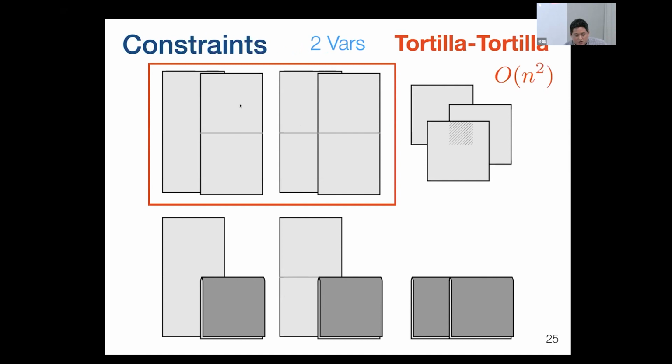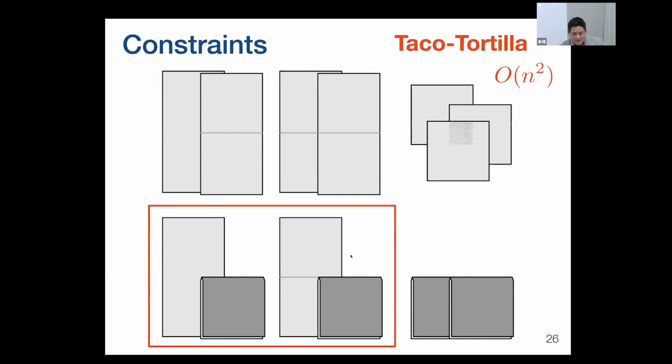And each of these constrains 2 variables. So these 2 faces overlap and these 2 overlap, and they need to have the same assignment, basically. And the same goes for the other types of constraints too. This one I like to call taco tortilla. It has a bunch of different states that it could be. Some of them are valid, some of them are not, but I can enumerate all of them.